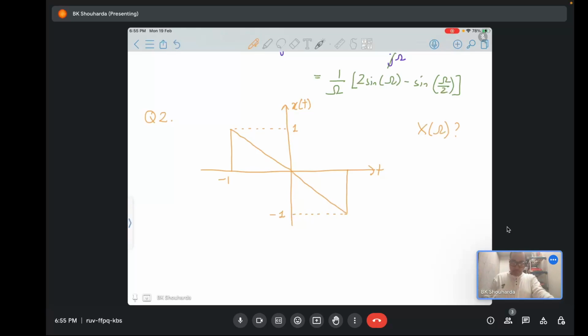But there is a catch over here. We know the Fourier transform formula for rectangular signals, but this signal is made up of lines. These are not straight lines, these are like triangles.